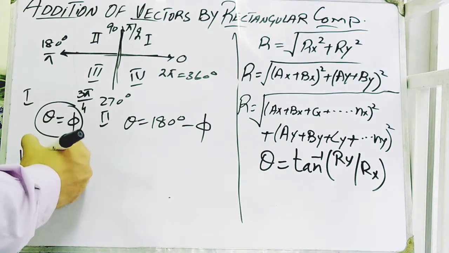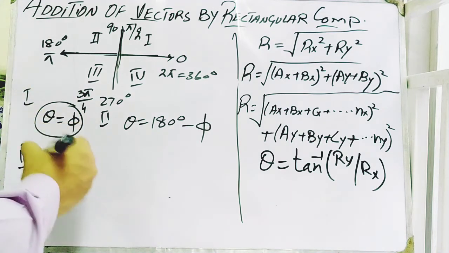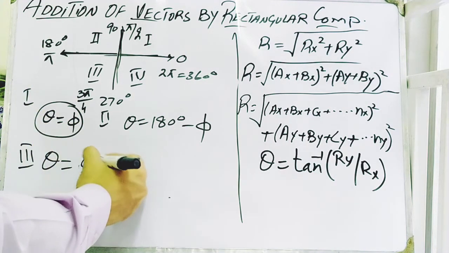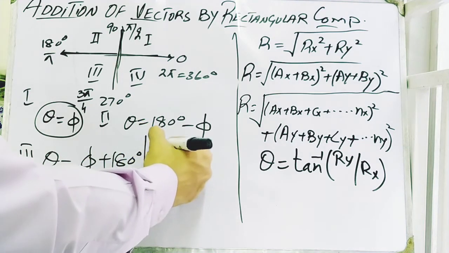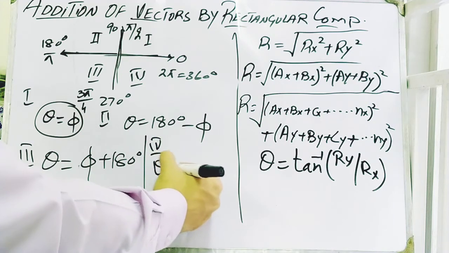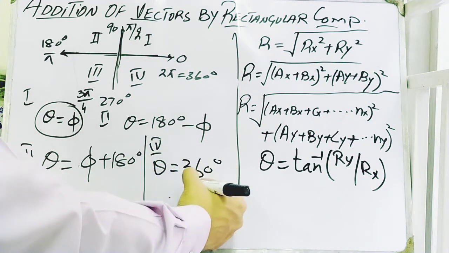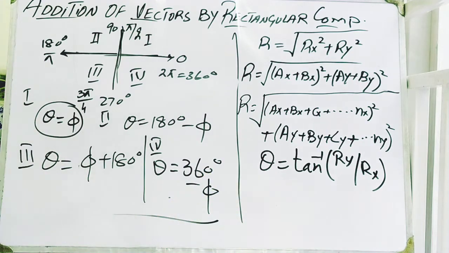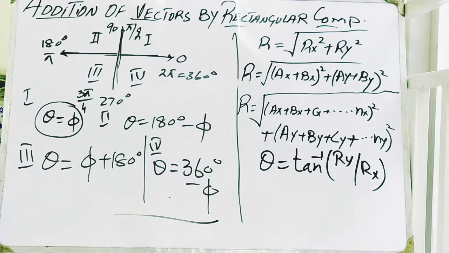If the angle lies in the third quadrant, then theta will be phi plus 180 degrees, and in the fourth quadrant theta will be equal to 360 degrees minus phi. So we can find the value of theta by using these formulas, and this will be easy for us.